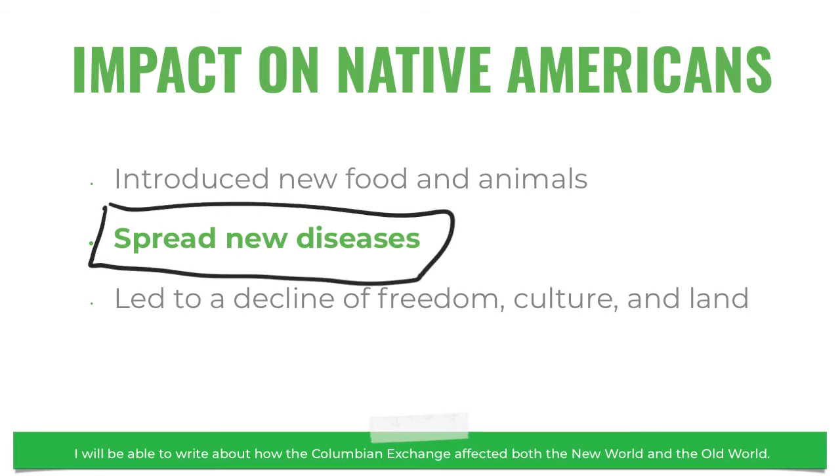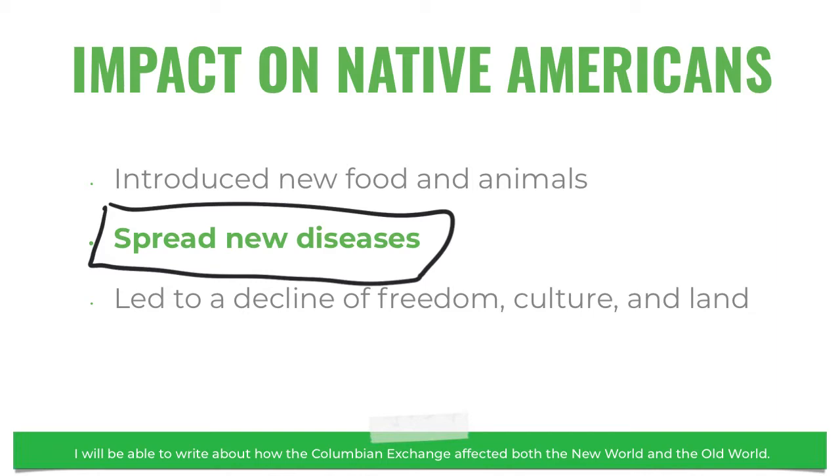They were not immune to these diseases that the Europeans and the animals the Europeans brought carried. One of the reasons why there are so many diseases in the Old World, in Europe, and not in the New World, is because they had so many domesticated animals. Remember in the video we watched, it talked about how they have lots of domesticated animals in Europe, such as cows, pigs, and horses. Well, the thing with having domesticated animals and living in close quarters with them is that animals spread diseases.